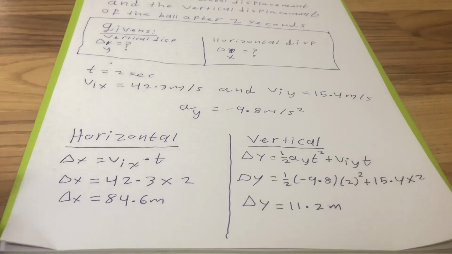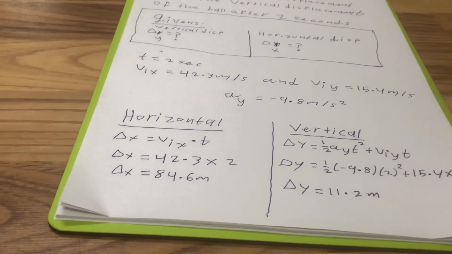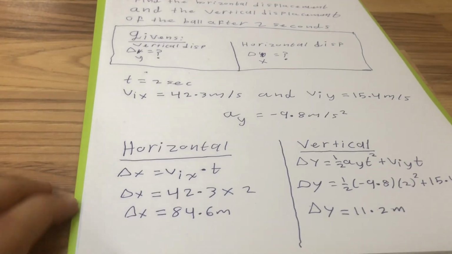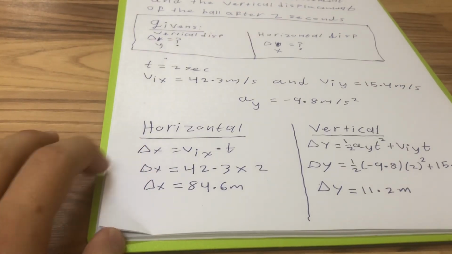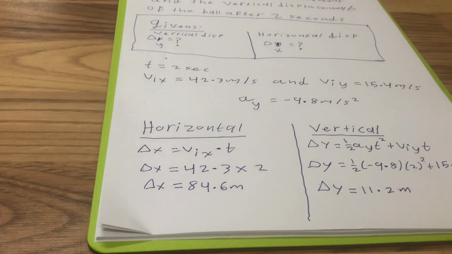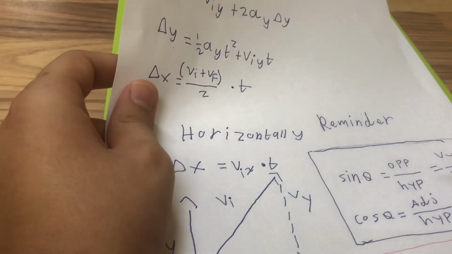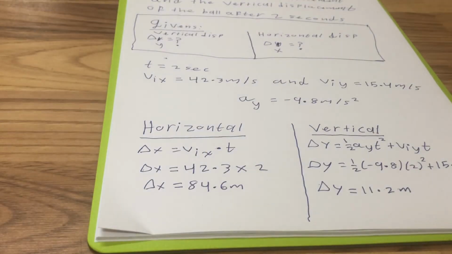Now, this is the horizontal. The question is to find the horizontal displacement and the vertical displacement. For the horizontal delta x, we use the formula delta x equals Vix times t.